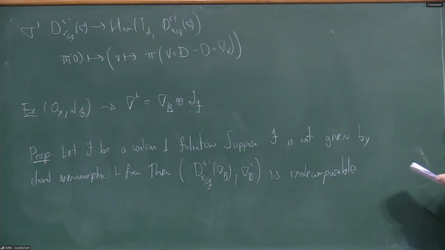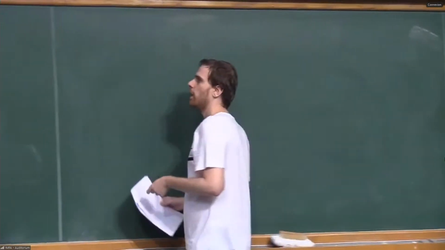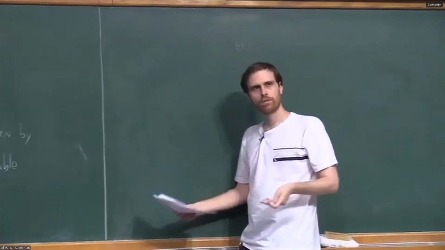Just to make some remarks, we make here a construction. Well, we suppose that F has codimension 1, and we did this with flat partial connections on a line bundle.